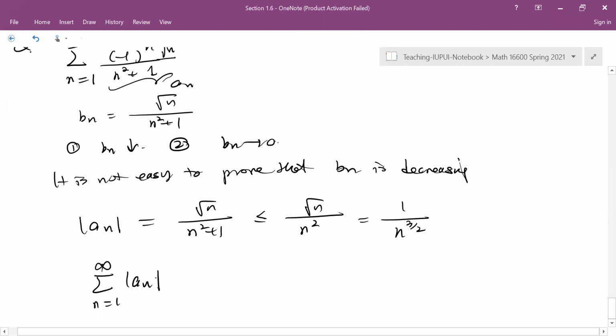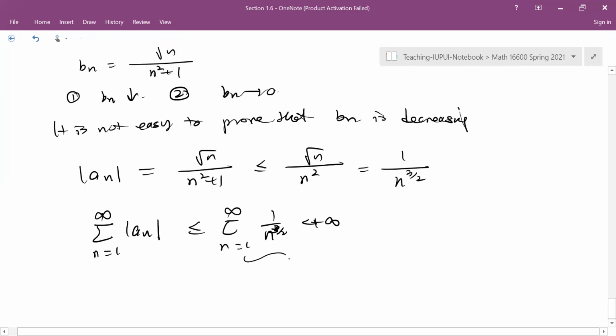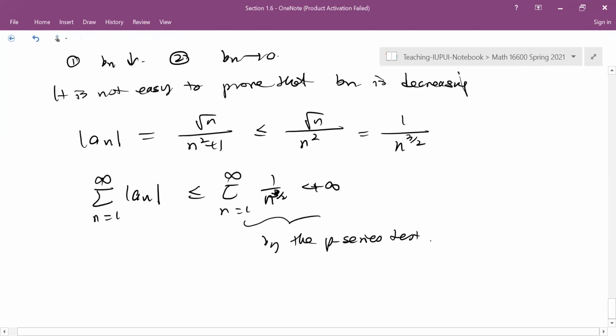So the absolute value of this is less than or equal to that, and this is finite by the p-series test. So that implies the series is absolutely convergent.